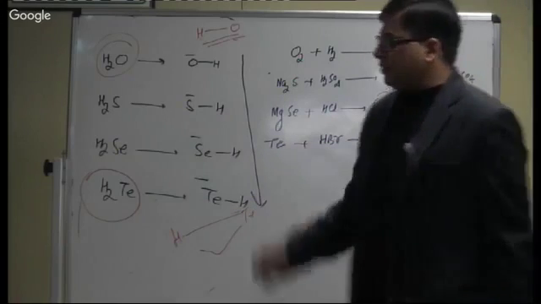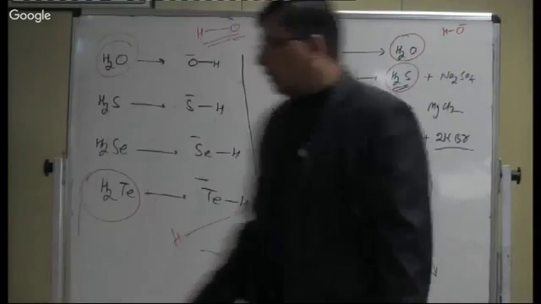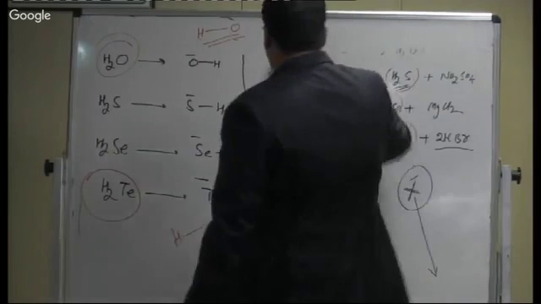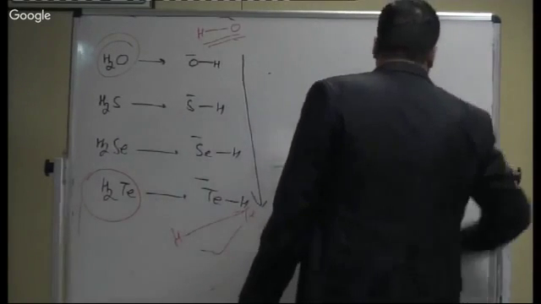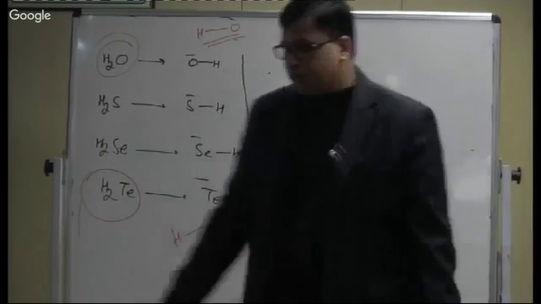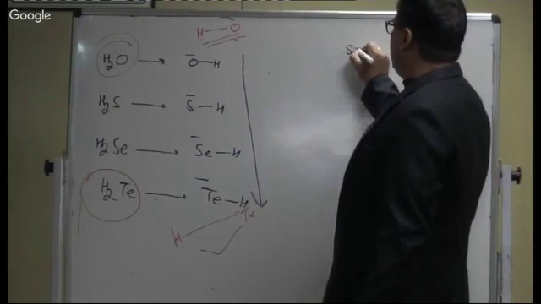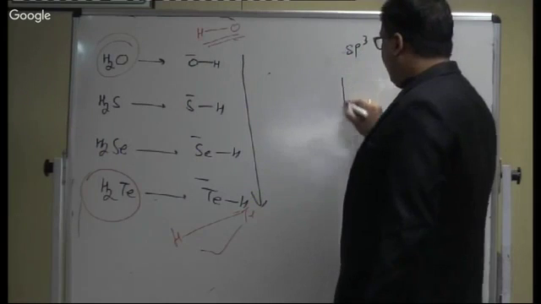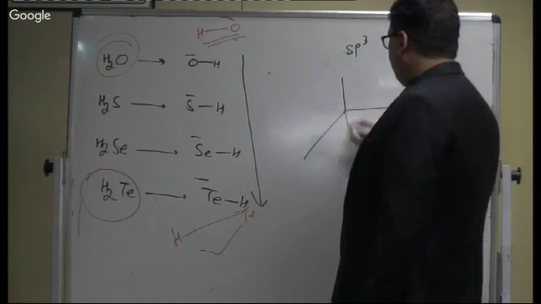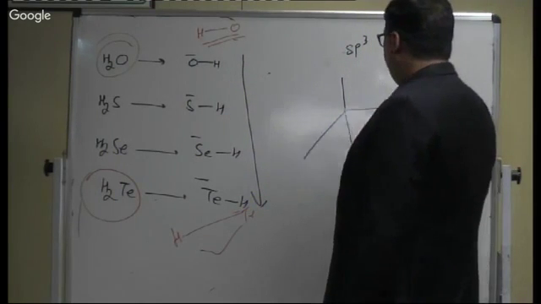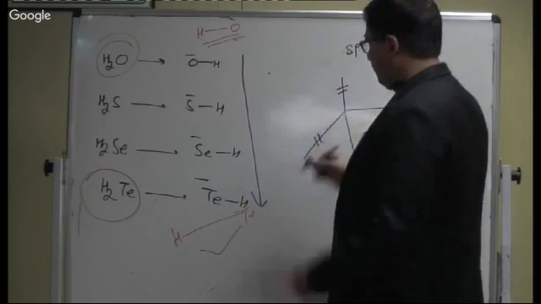The third point is bond angle. See the hybridization of water. The hybridization of water is sp3, isn't it? So what will be the bond angle? 109 degrees. So that means if it is sp3, the bond angle is about 109 degrees. Hydrogen, hydrogen, lone pair, lone pair.